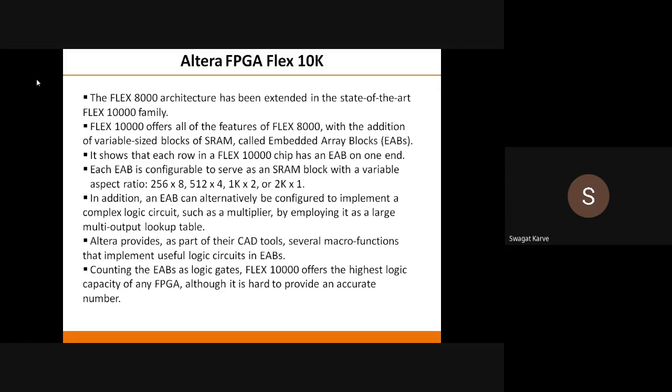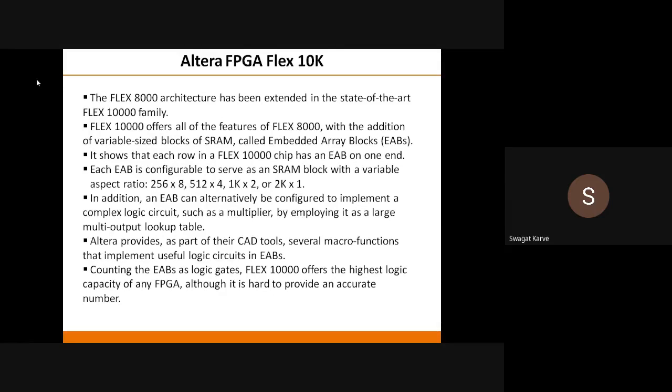That means the basic architecture of the 8K is there in this 10K family also, but with additional features. So it is variable sized blocks of SRAM, as well as EABs, embedded array blocks, they have provided in this 10K series as compared to 8K.